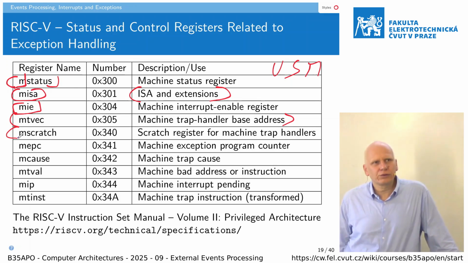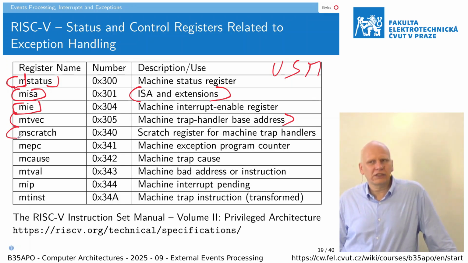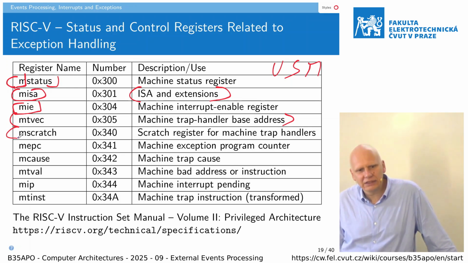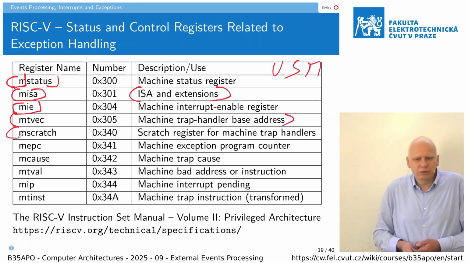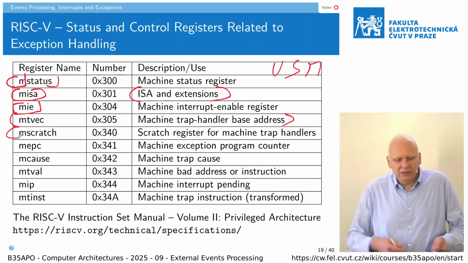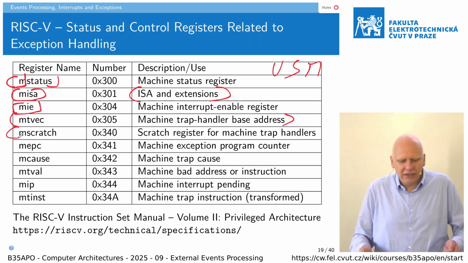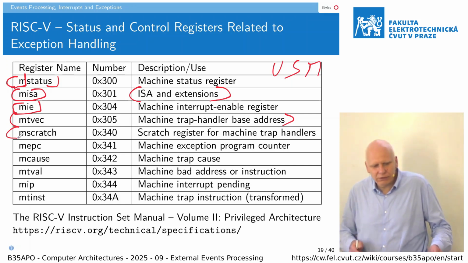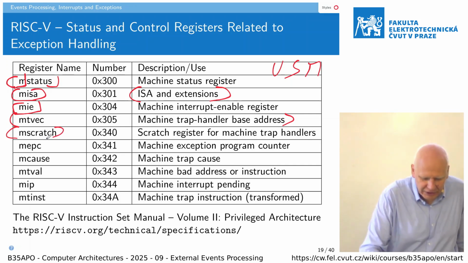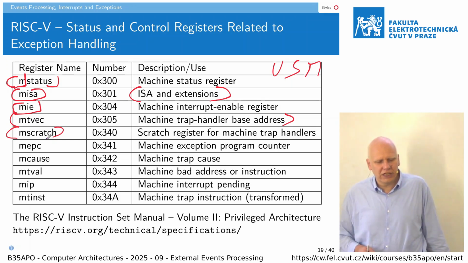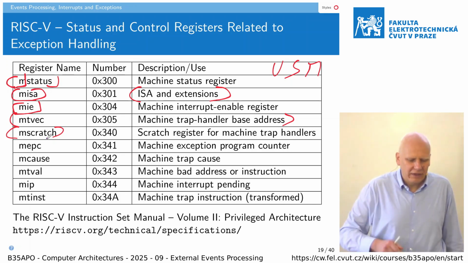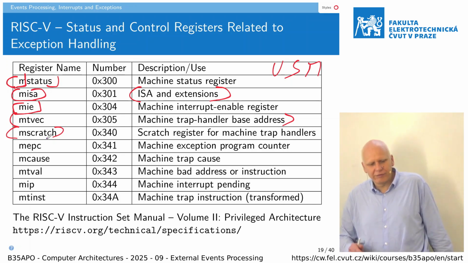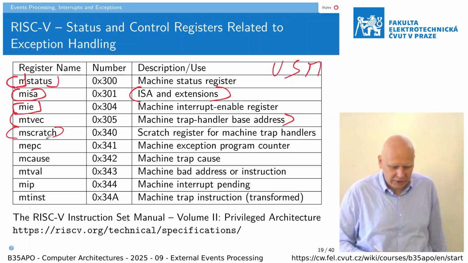Because if you want to store all data and all registers somewhere, then you need at least one register which can form the base to point somewhere into memory where we want to store the rest of the registers, because we do not have a direct capability to store a value at an arbitrary memory address. So basically you need some register, in this case a special one, which allows you to store the value of a general purpose register, to have the space where you can write the starting address of the buffer where you want to store the rest of the registers.